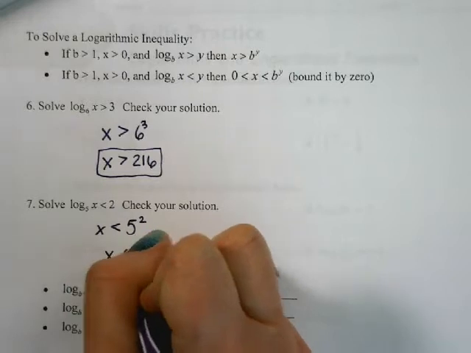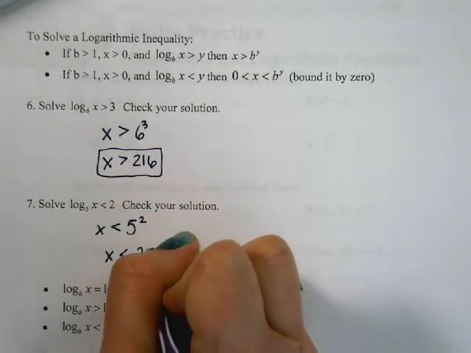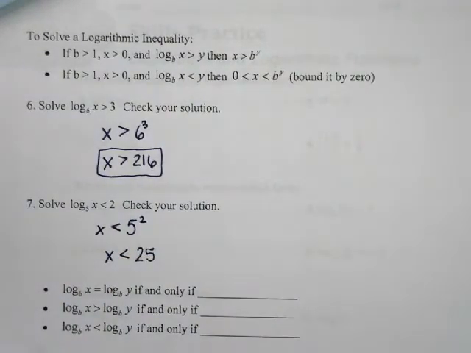So x is less than 25. Okay, give me some numbers that are less than 25. 24. 11. 17. 2. 1. 9. What else? Negative 4. Negative 4, right? Negative 4 is smaller than 25. 0.